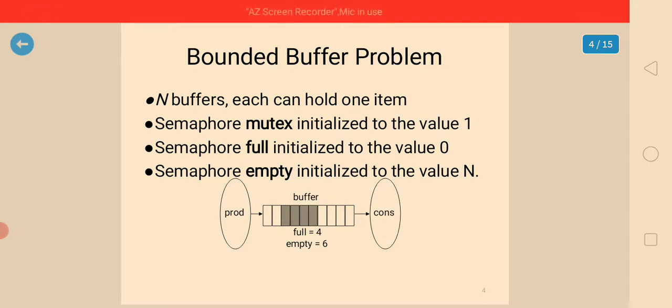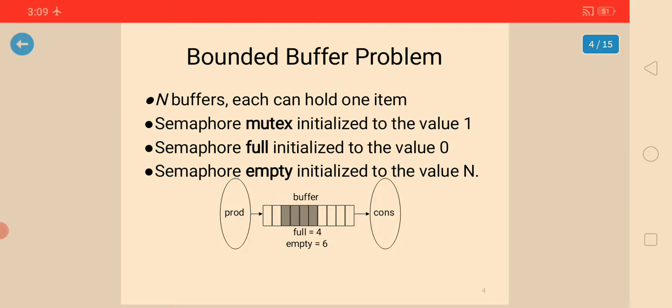In the diagram, the blocks below are the buffers, the first one is the producer and the last one is the consumer. Semaphore mutex is initialized to the value 1, semaphore full is initialized to the value 0, and semaphore empty is initialized to the value n.